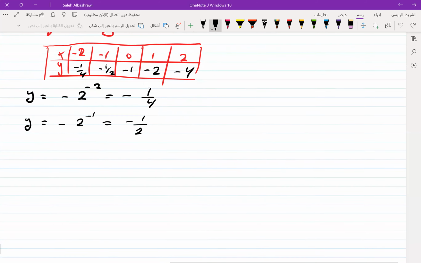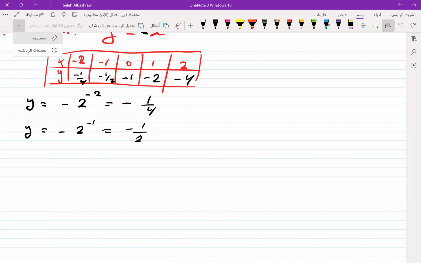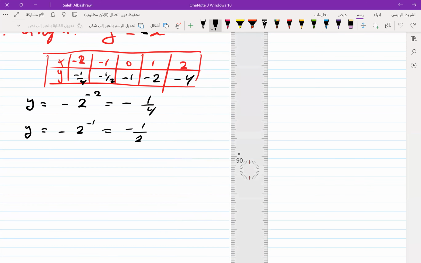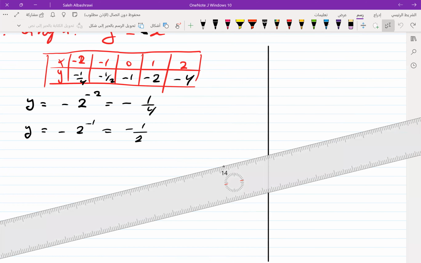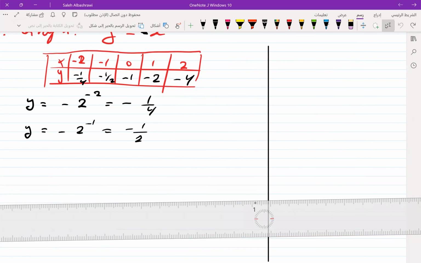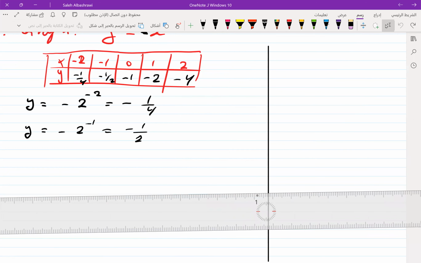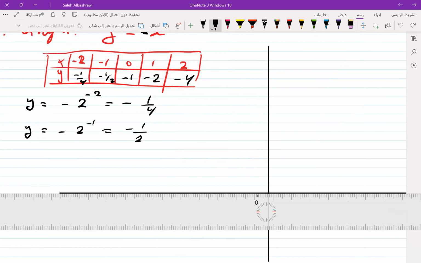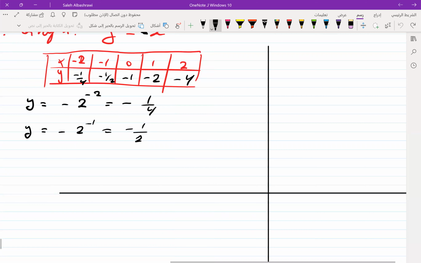So the graph for this function will be, first point is minus 2 and minus 1/4. It is almost in this location.